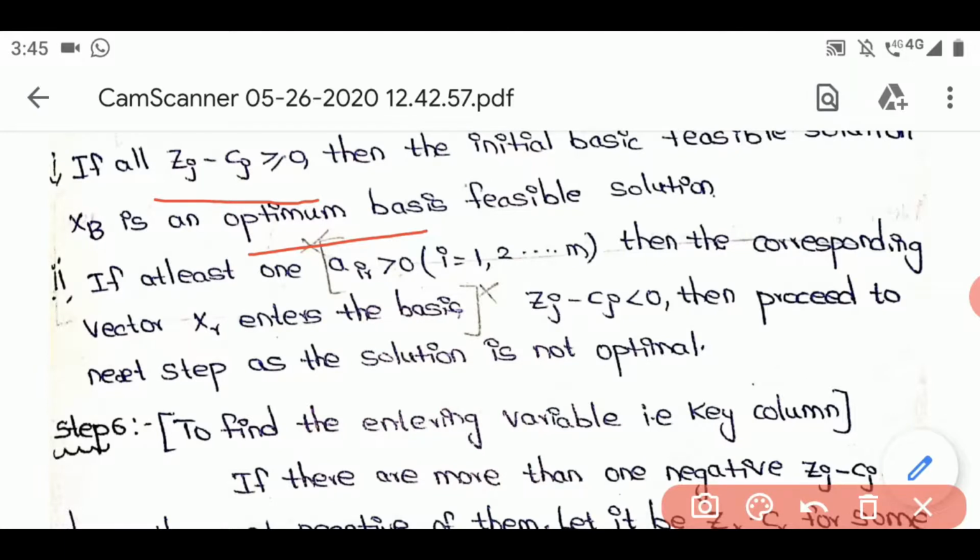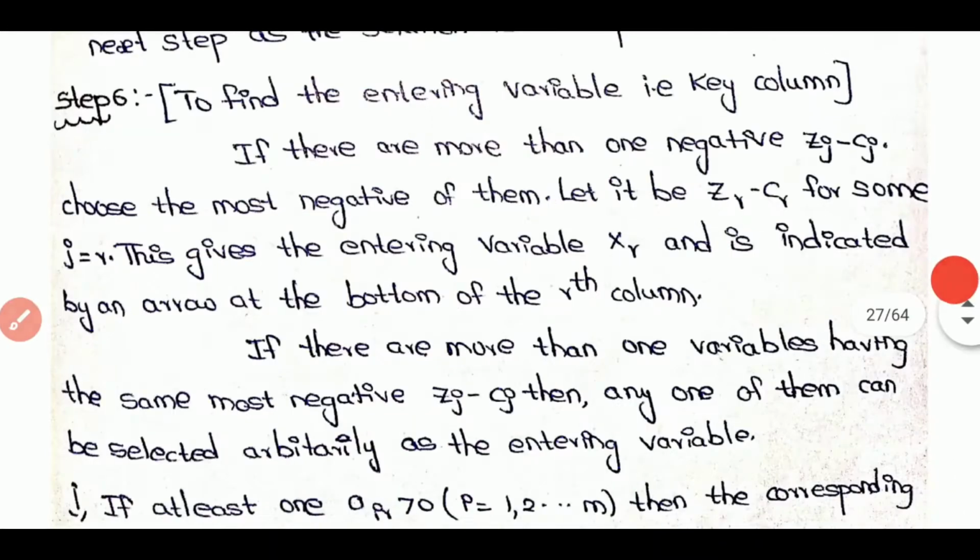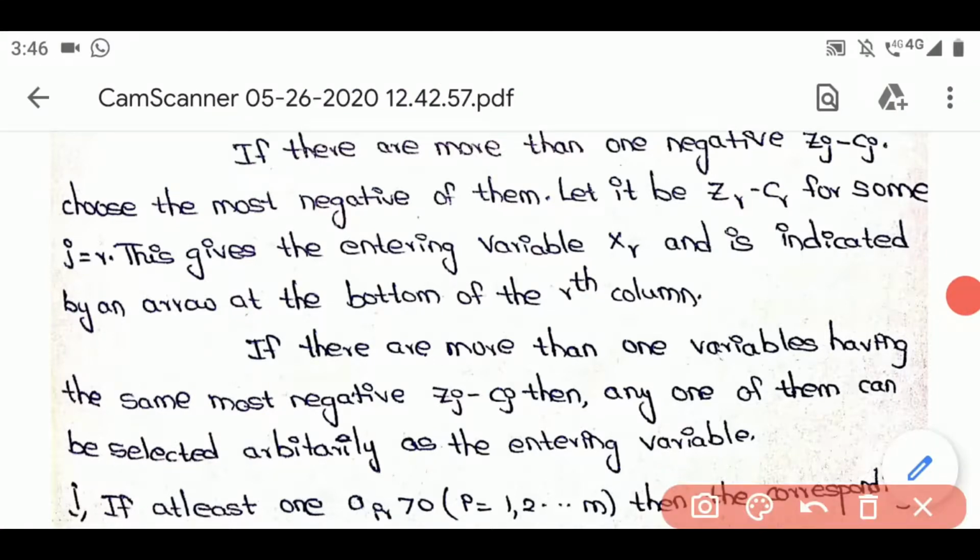If at least one zj minus cj is less than 0, then we will go to step 6. In step 6, we have to find out the entering variable. How do we find the entering variable?